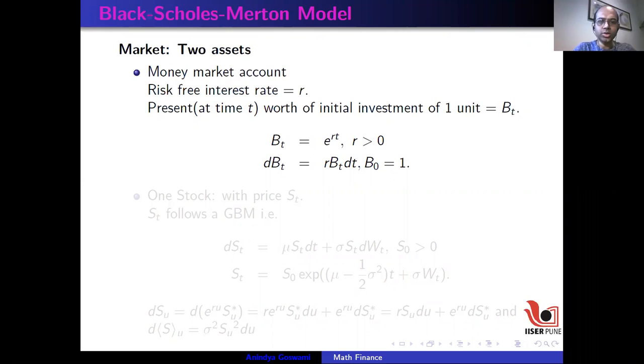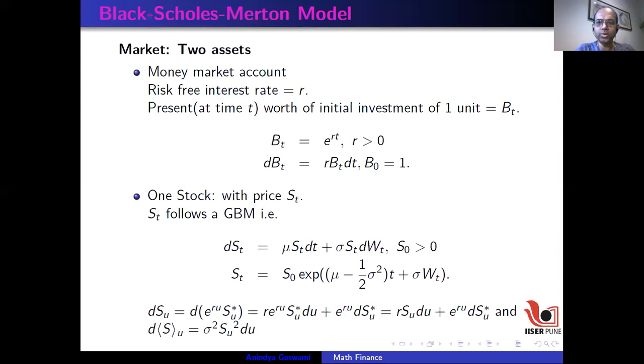So in the Black-Scholes model, you have two different assets. You call them the risk-free asset and the risky asset. The risk-free asset has no stochastic term. So B_t, you can think of that as the wealth of the risk-free asset per unit.